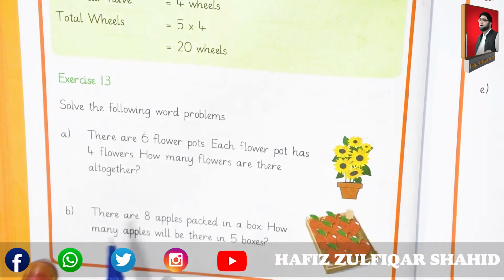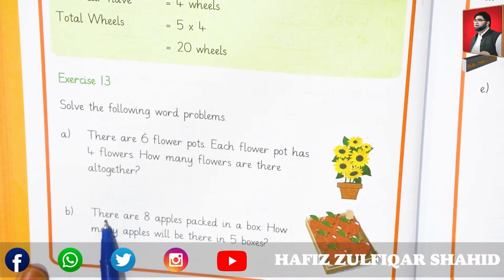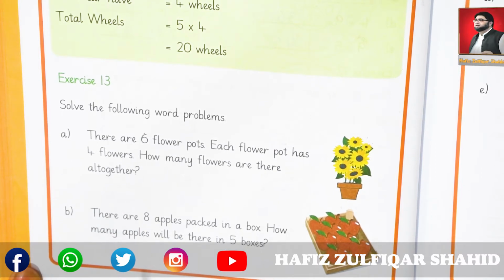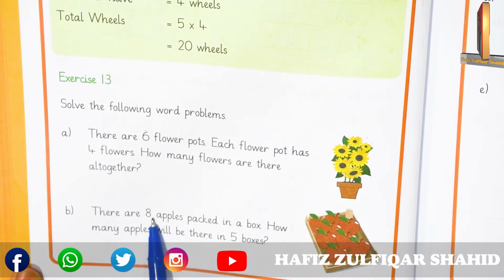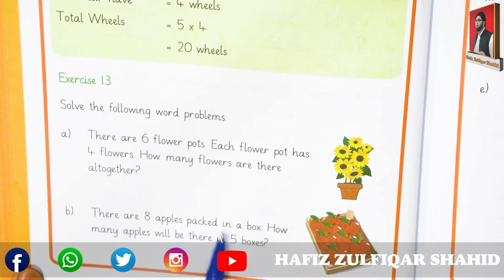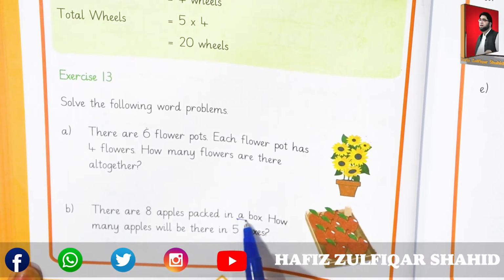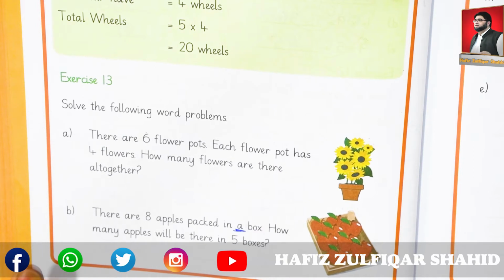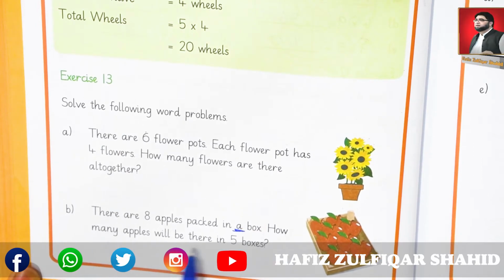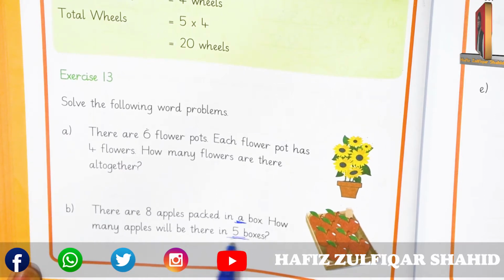Next, the question statement is asking that there are 8 apples packed in a box. In one box you have 8 apples. So how many apples will be there if we have 5 boxes?